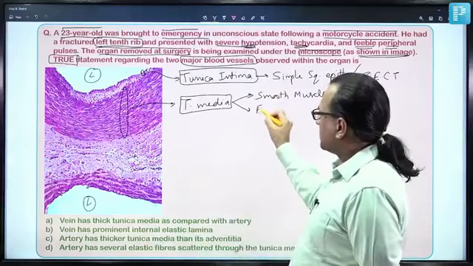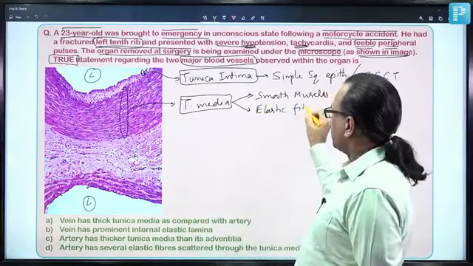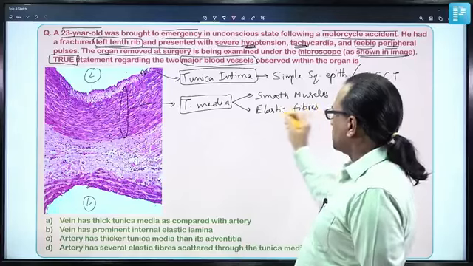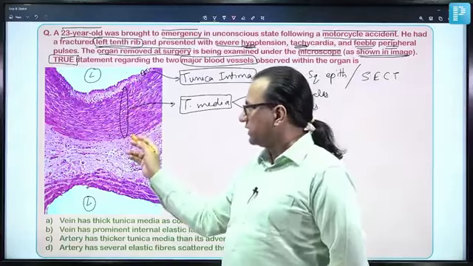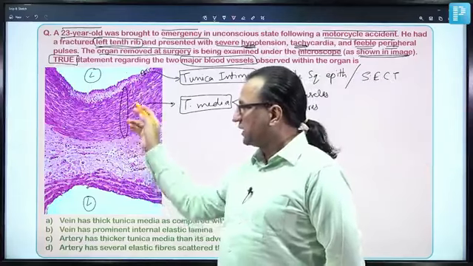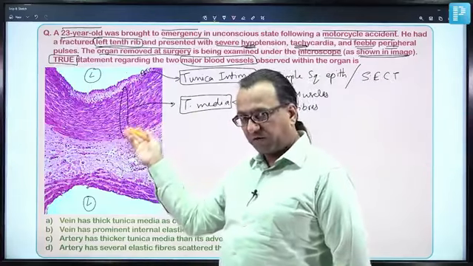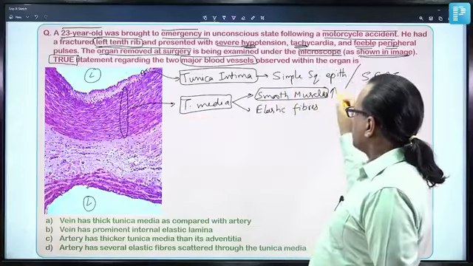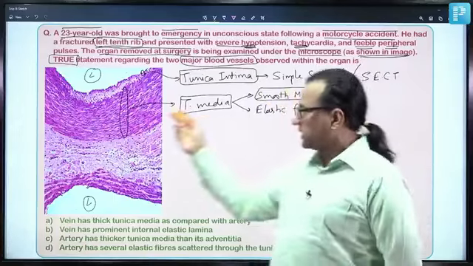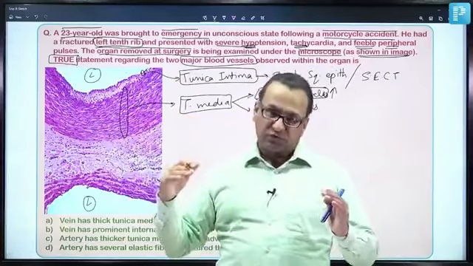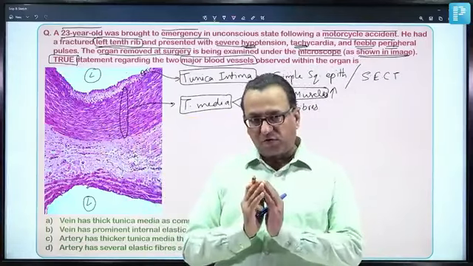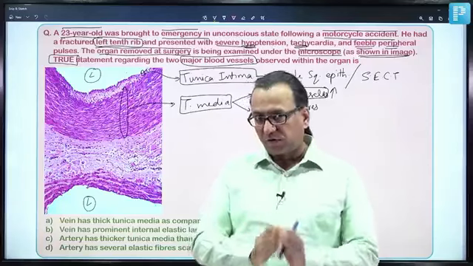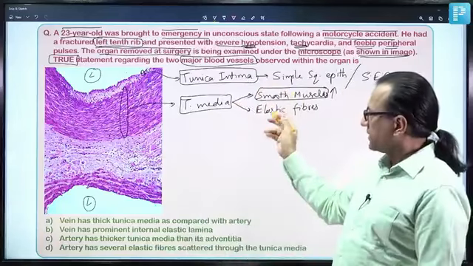But how do you know that this is an artery, and that it is not an elastic artery but a muscular artery having more smooth muscles? Because the splenic artery is a muscular artery which has the function of regulating blood flow towards the organ. Anyhow, we'll talk more about the muscular and elastic arteries.